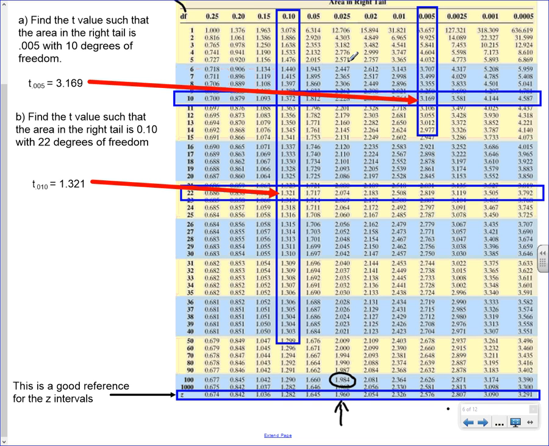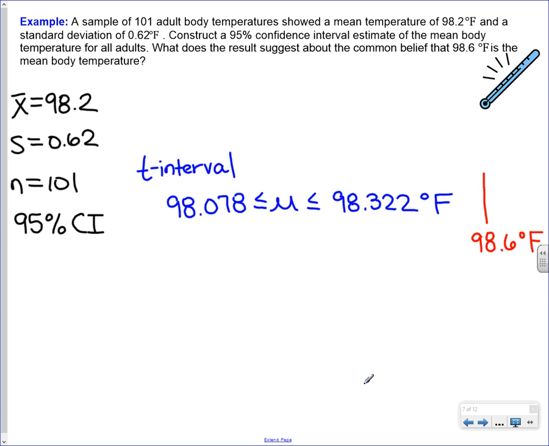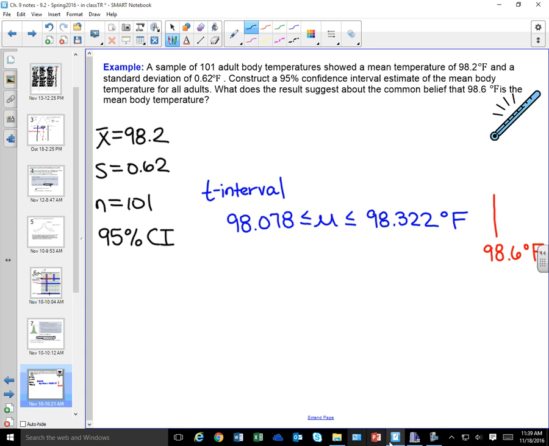Because if we're doing 95% in the middle, you have 2.5% on both sides. So that's where that comes from. So we would use 1.984. We'd multiply it times the 0.62 divided by the square root of 101, and then add and subtract that to 98.2.